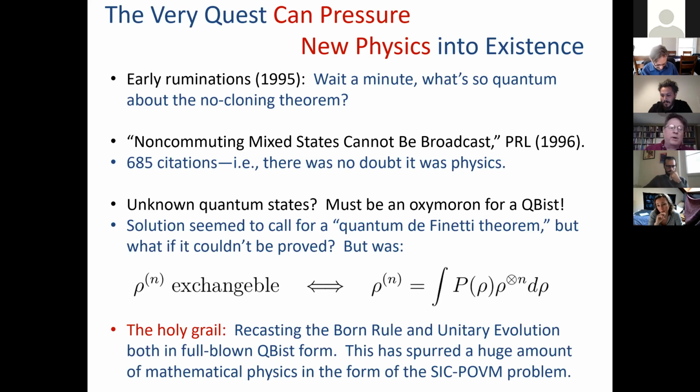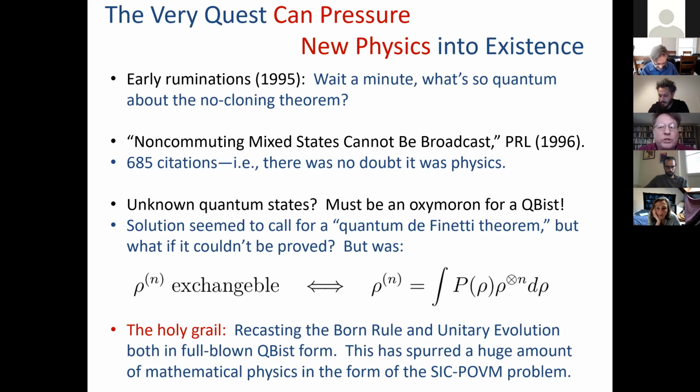So particularly, I want to talk about something that I consider the holy grail of the Cubism research project right now, and that is recasting the Born rule and unitary evolution, the Schrödinger equation, both in full-blown Cubist terms. It turns out this has spurred a huge amount of mathematical physics in the form of something called the SIC-POVM problem, which I'll tell you about in a little bit.